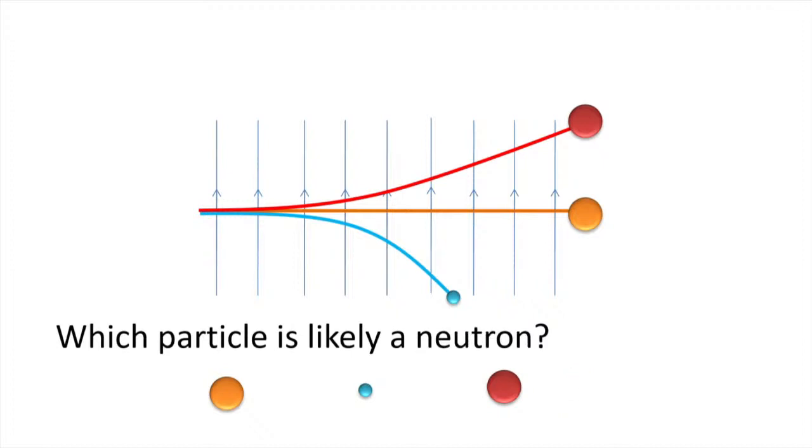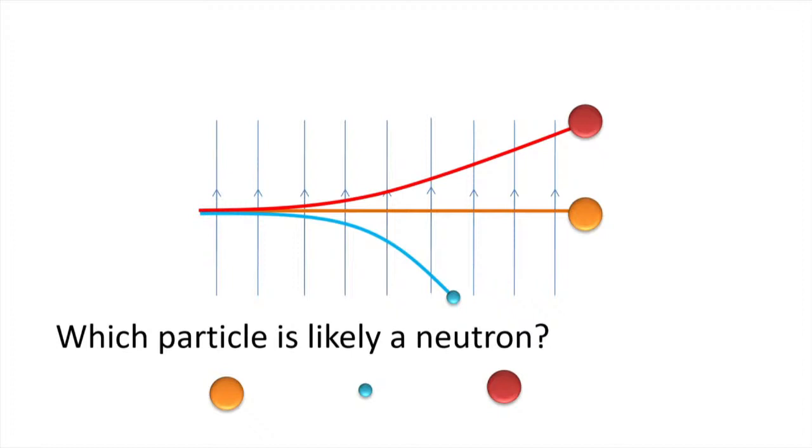Then ask, which particle is likely a neutron? Now, a neutron has no charge. And so this neutron, remember we talked about compatibility with the field? The neutron is incompatible with the field because it's not going to experience any force.